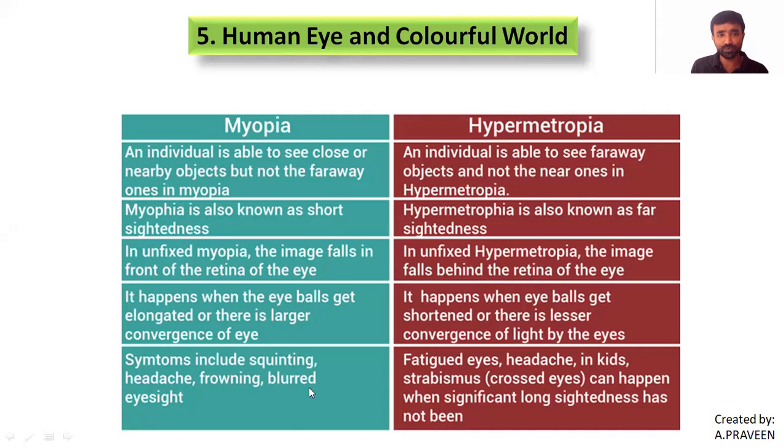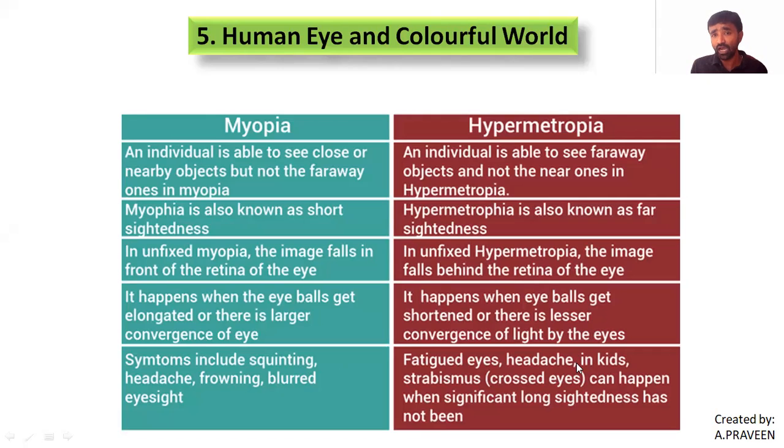Now go for the next point, systematically. What happens in this defect? Vision becomes blurred. What are the symptoms? Headache, blurred eyesight, right? These types of symptoms you can see.